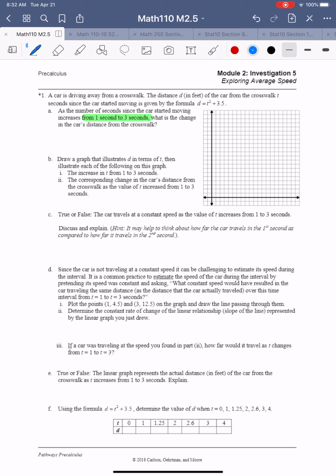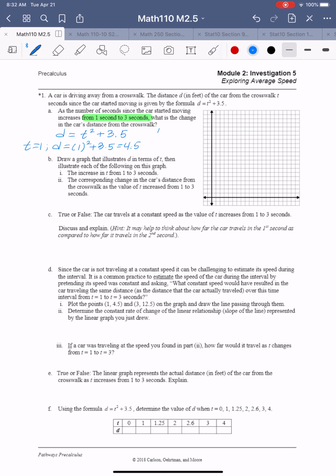So if you look at the distance formula, we have t squared plus 3.5. The d represents the distance and t represents the time, in seconds. So we need to plug it in. With t equal to 1, it's 1 squared plus 3.5, which becomes 4.5.